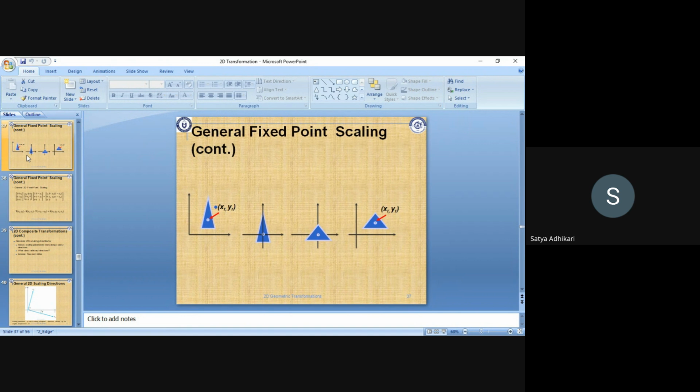If you compare the first image and the fourth image, you see the xr, yr point, the white dot, remains in the same position. So we have to use the same technique here. That's why we have to translate that xr, yr point to the origin.